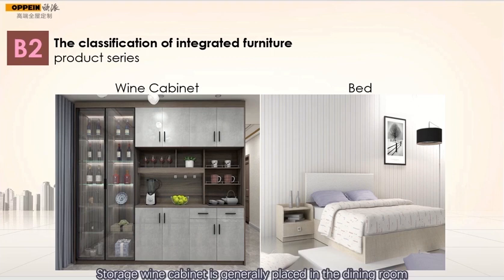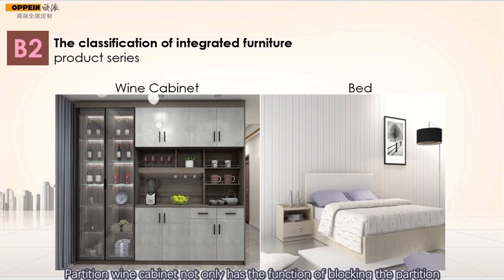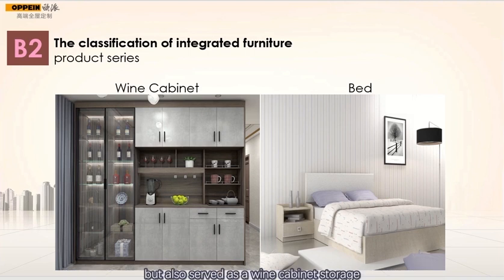Storage wine cabinet is generally placed in the dining room, which has a function of storing and displaying wine, improving the space grade. Partition wine cabinet not only has a function of blocking the partition, but also served as a wine cabinet storage, increasing the practicality of the space.